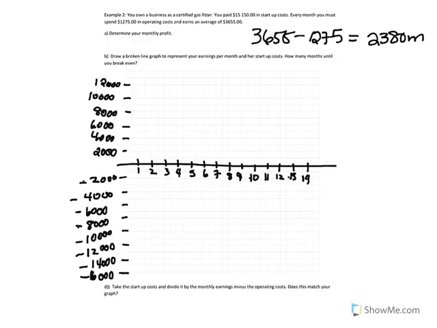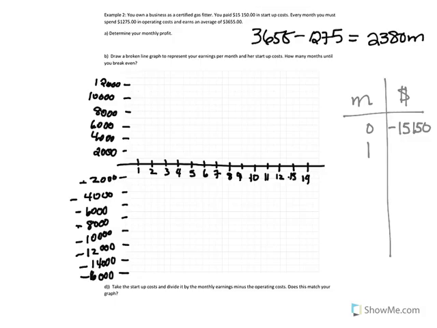Now we're going to make a little table of values. Our table of values is going to be our months and then how much money we have. At 0 months we have minus 15,150.